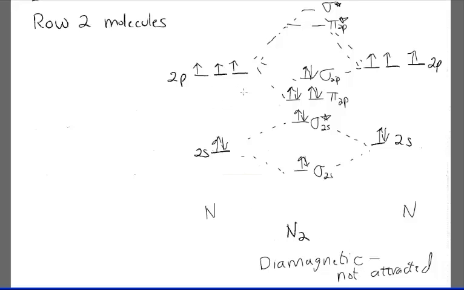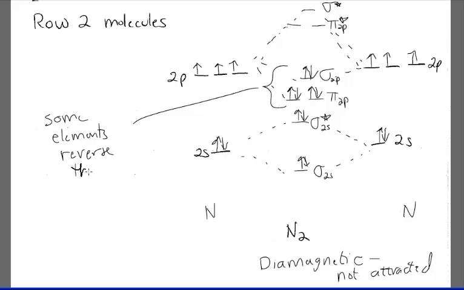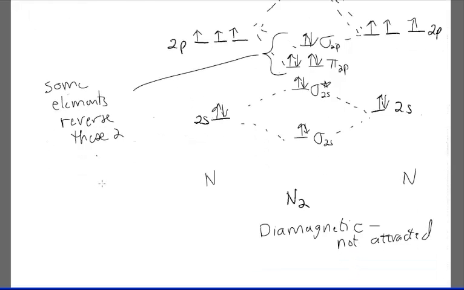Okay, now one thing to note is some of the second row elements will have a reversal of these 2 orbitals. The sigma 2p will be lower in energy than the pi 2p. Okay, so some elements reverse these 2. And one of those is oxygen.